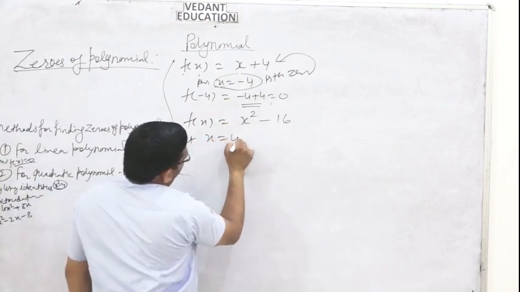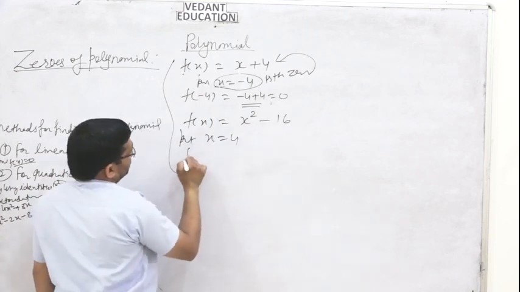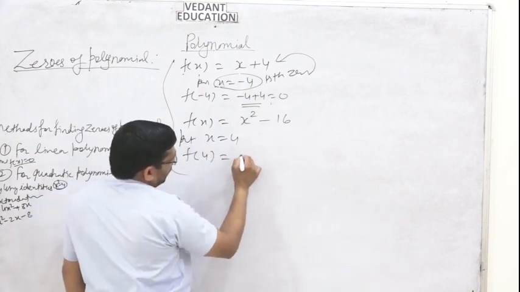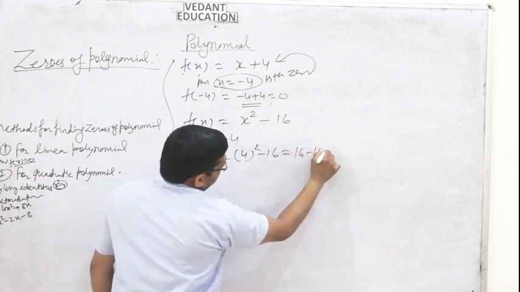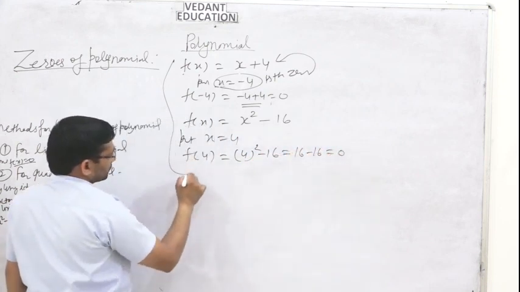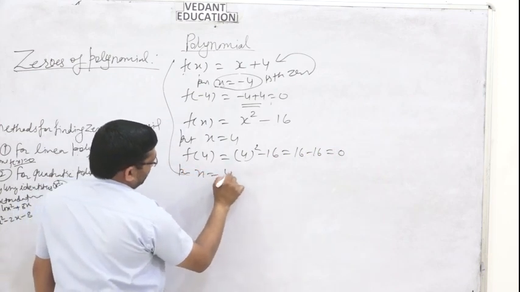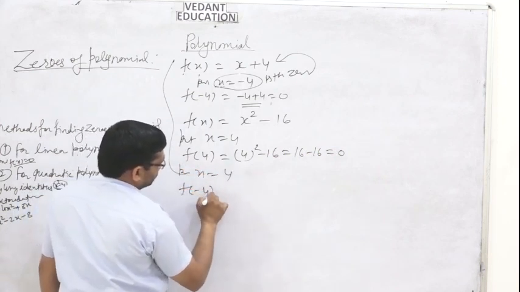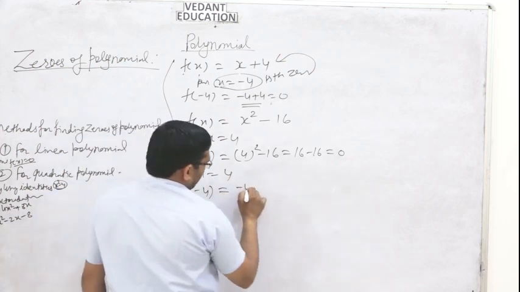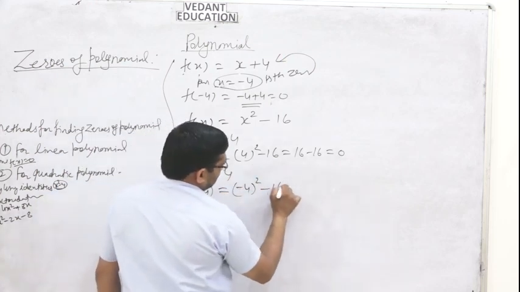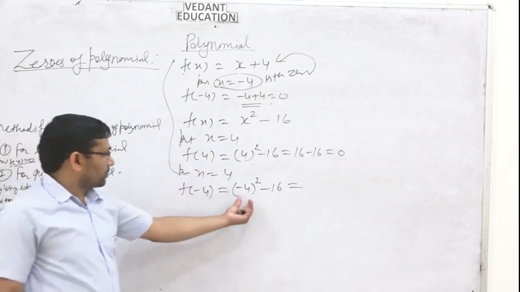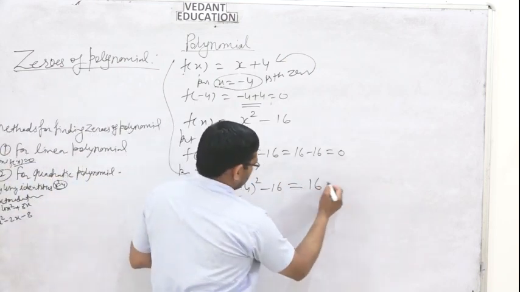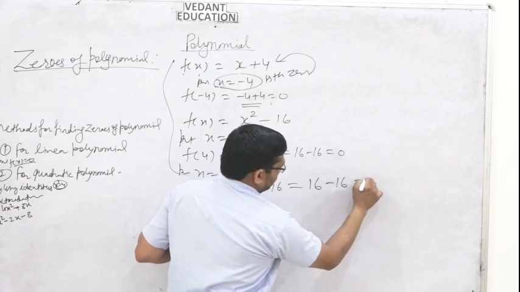Put x is equal to 4, that is f(4) is equal to 4 square minus 16, that is 16 minus 16 is equal to 0. If we put x is equal to -4, that is f(-4) is equal to (-4) whole square minus 16. (-4) whole square is again 16, and 16 minus 16 is equal to 0.